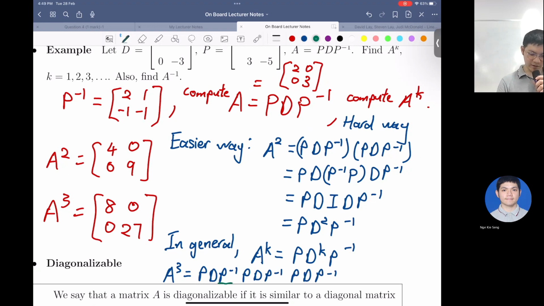So you keep repeating P inverse P, P inverse P, like that. All the middle P inverse and P will combine into identity, and then you are left with a diagonal matrix. Is that okay? Any questions? Does it make sense? So this is equal to P D cubed P inverse. Just ask if you have any questions.